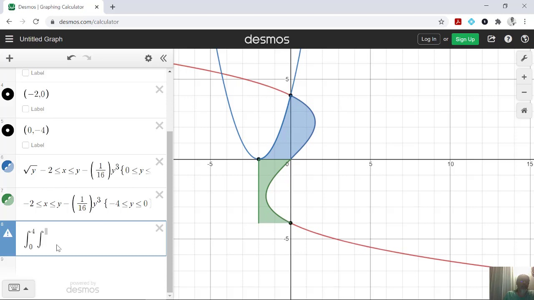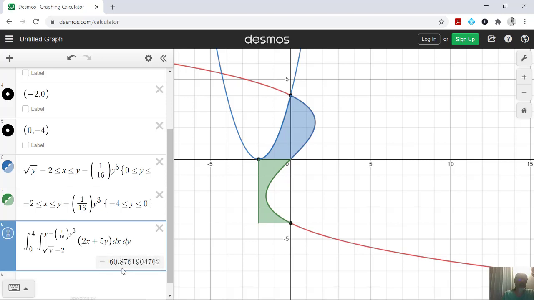Here the inner limits start from the square root of y minus 2 all the way up to y minus 1/16 times y cubed. And your integrand, I believe, was 2x plus 5y. We're going to integrate with respect to x first, and then with respect to y. And here is our decimal approximation for that integral.